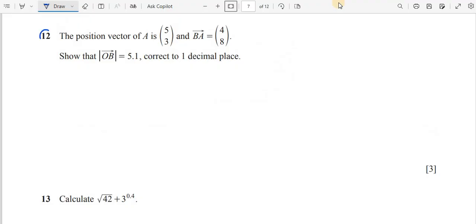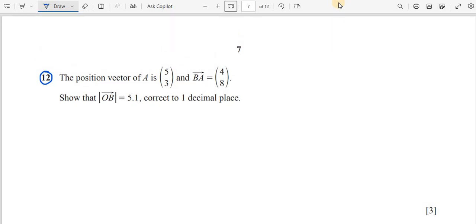Question number 12. The position vector OA is (5, 3) and BA is (4, 8). Show that OB is equal to 5.1 correct to 1 decimal place.